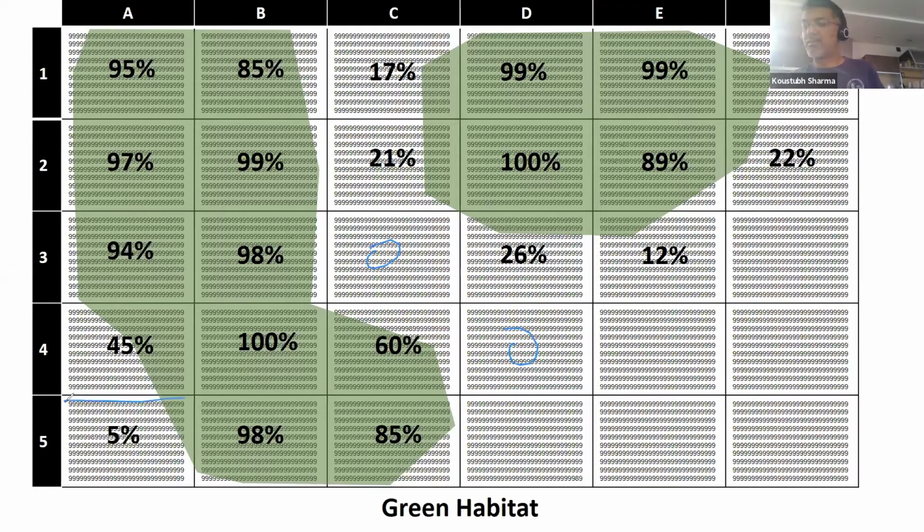But look at this one, only 5% of it is habitat, is green habitat. 45% of it is green habitat, 94% is green habitat, and so on. So we can estimate the habitat value or a proportion value for each of these sampling units. And that's a fairly reasonable means to determine how habitat might affect the probability of 8s living in the study area.